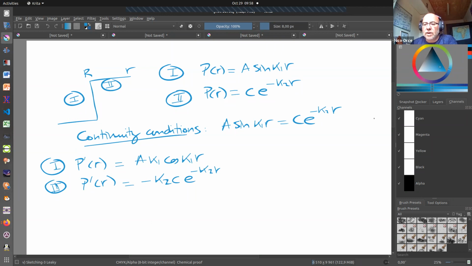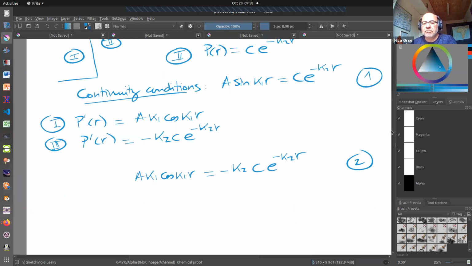So we have equation 1 here, and now we're going to have equation 2, which is A K1 cosine of K1R equal to minus K2 C e to the minus K2R. Is that clear? Is that good? That's good, Prof.